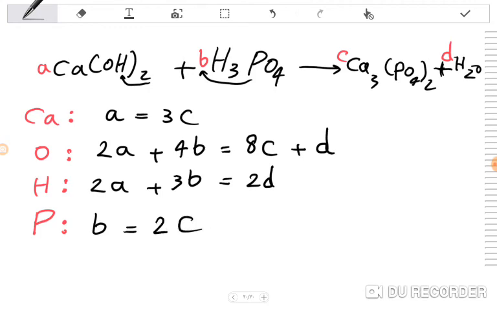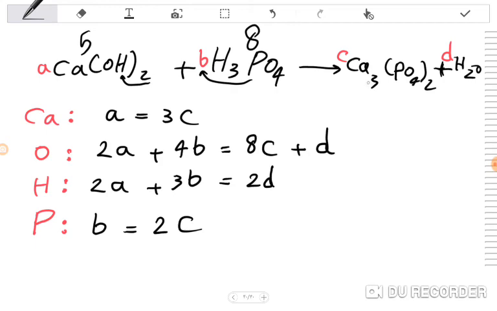How many atoms are there in these compounds? We have here 1 calcium, 2 oxygen, and 2 hydrogen, and the sum of them is 5. Here we have 3 atoms of hydrogen, 1 atom of phosphorus, 4 atoms of oxygen, and the sum of them is 8.